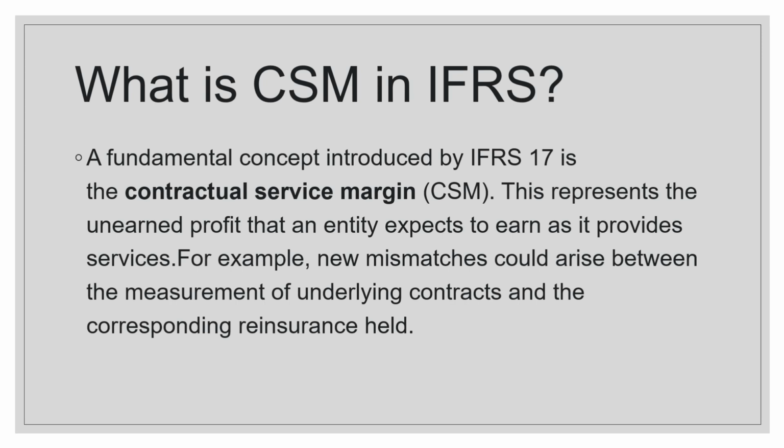This represents the unearned profit that an entity expects to earn as it provides services. For example, new mismatches could arise between the measurement of underlying contracts and the corresponding reinsurance held.